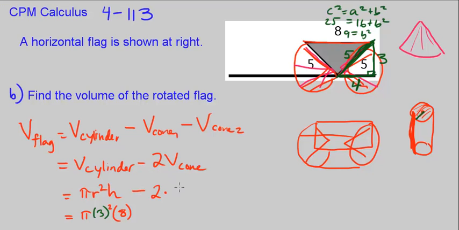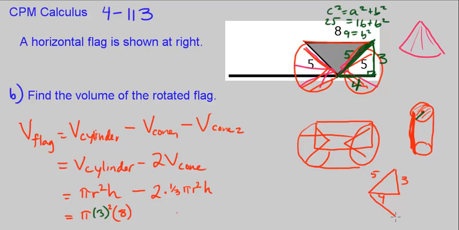So minus 2 times the volume of the cone. Well, remember, a cone is just 1/3 pi r squared h. So then we have to look at the dimensions of the cone. Here I'm just going to pull out just this triangle. We know that this is 3, 5, and 4 by calculating it earlier.